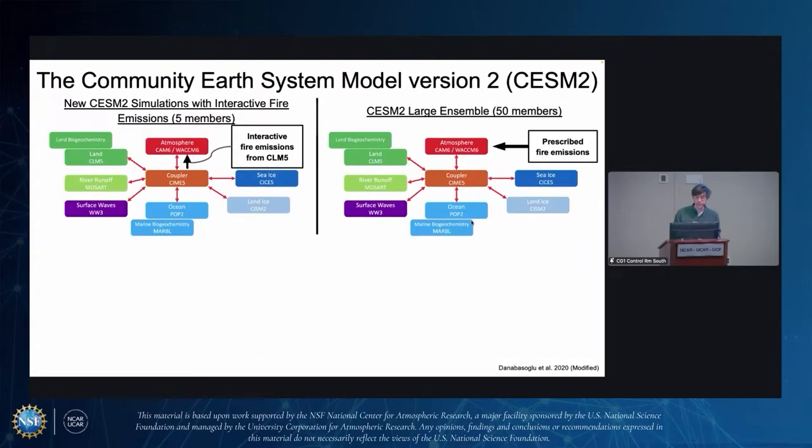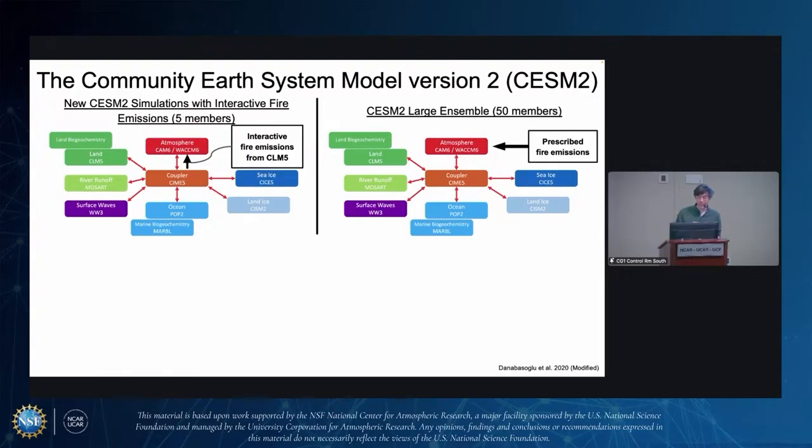So here we use the Community Earth System Model 2, or CESM2, with new interactive fire experiments to resolve this issue. And this new interactive fire experiment has 5 members, and it is taking direct prognostic calculations from CLM5, which is the land model or land component, and putting them through the coupler to the atmosphere model, or CAM6.